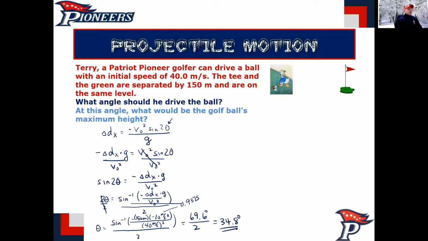Now it says at this angle, what would be the golf ball's maximum height? Right, and so now we want to know what is this value from there to there? Now, do we know time? No. Is there a way to find the maximum height without knowing time? Yes. Let's use it then, right?